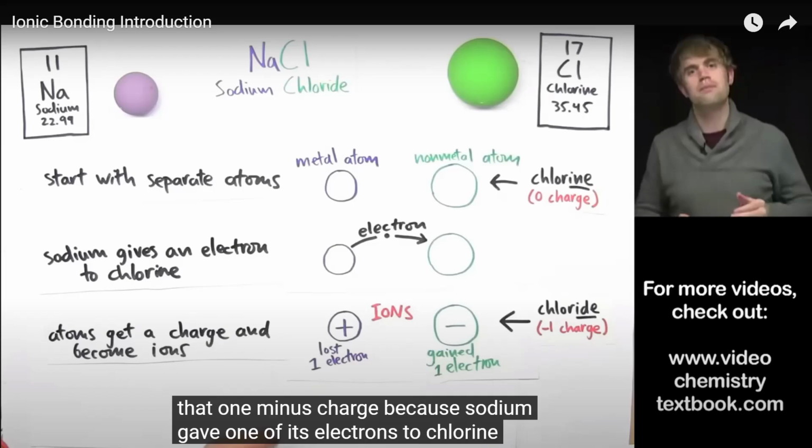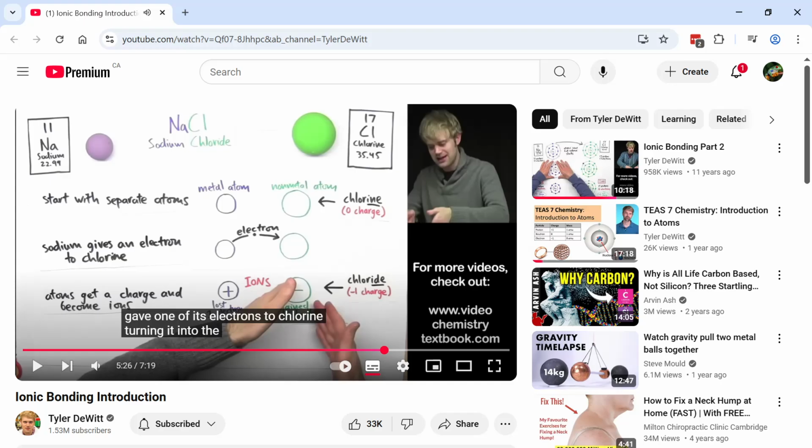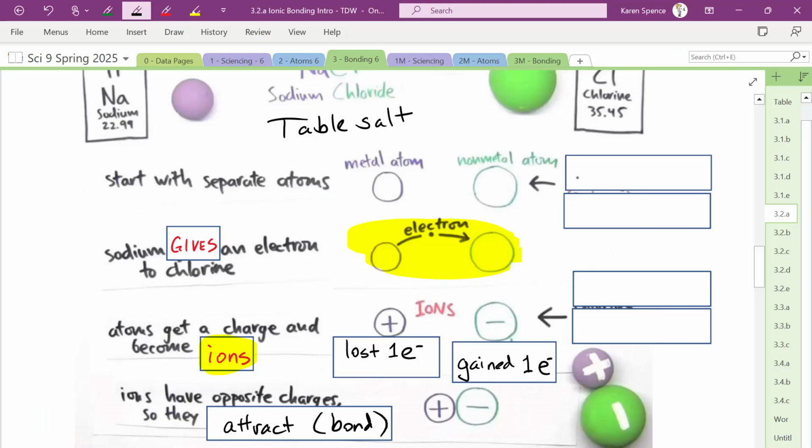Okay, so let's make sure we filled that in. So we have this non-metal atom is called chlorine because it has zero charge.